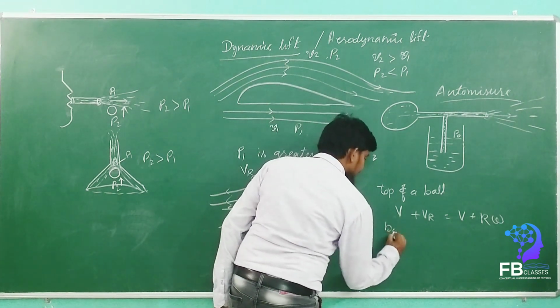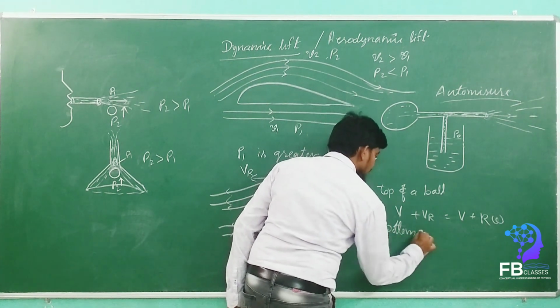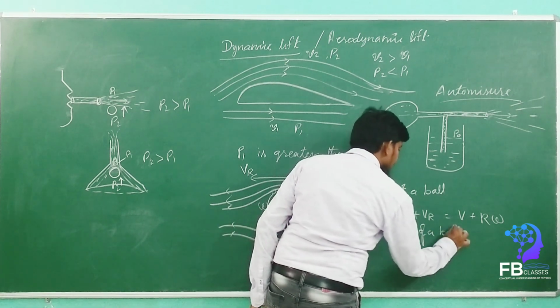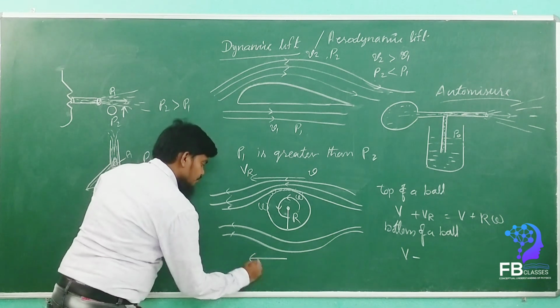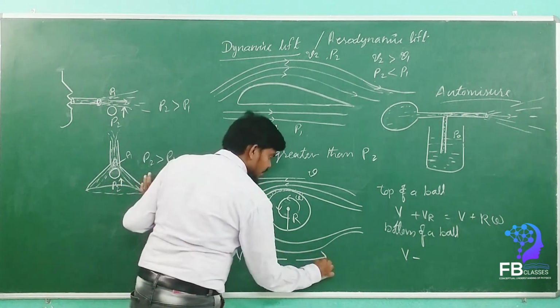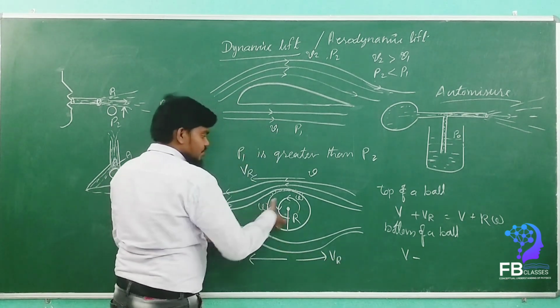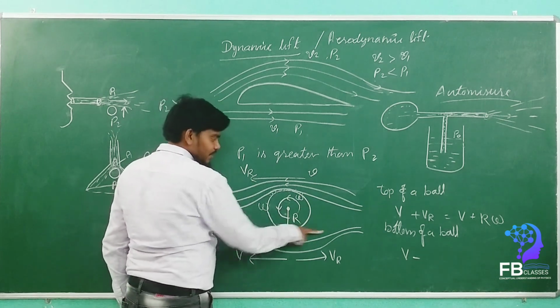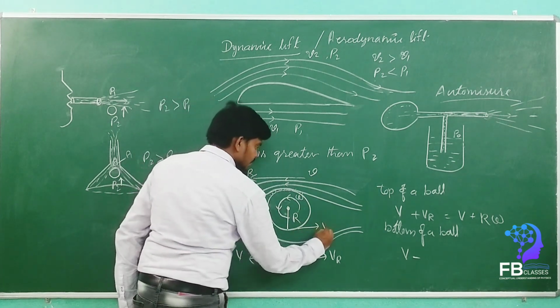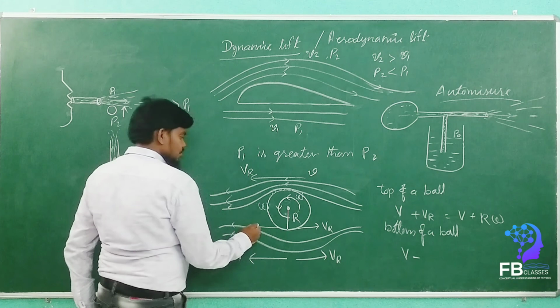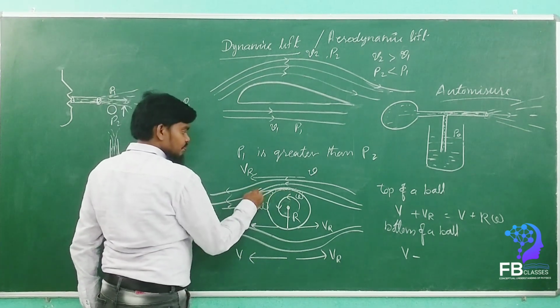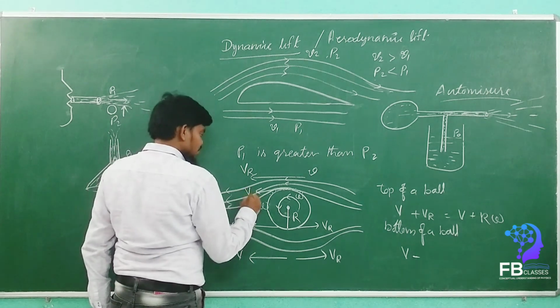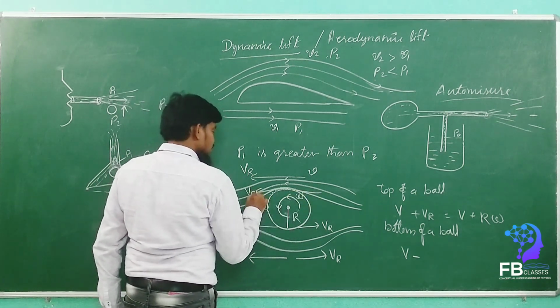Then at the bottom of the ball, the direction of v is here and vr will be in the opposite direction. See here, it rotates like this. At this point vr will be in this direction and the tangential velocity is in this direction, and at the topmost surface v is also in this direction, and vr is also in this direction.